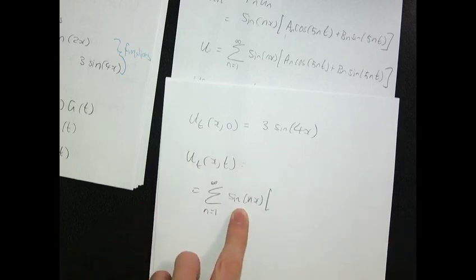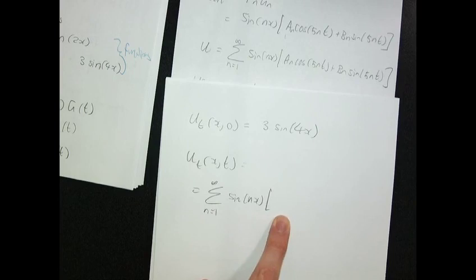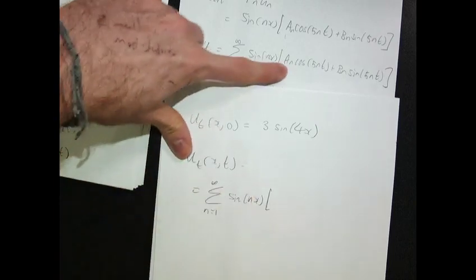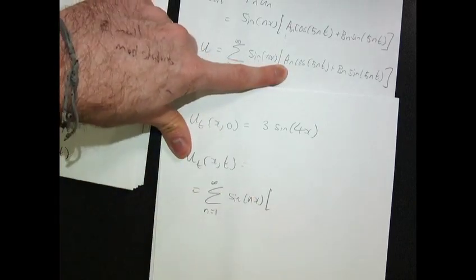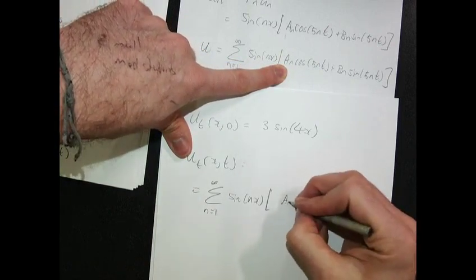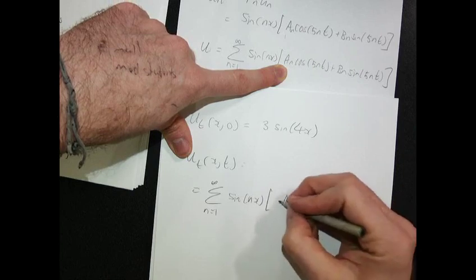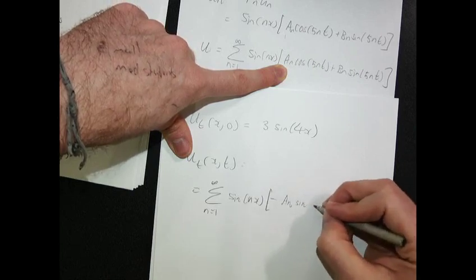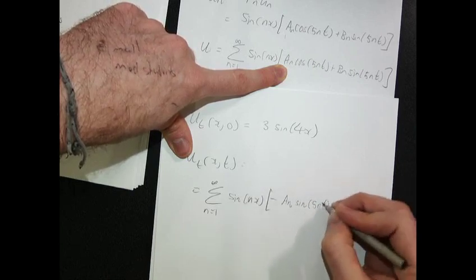All right, well, the sine nx doesn't involve a t, and it's multiplied on, so it will still be there after I differentiate, because constants multiplied are still there after you differentiate. And then the an cos 5nt, well, the an will still be there. The cos will differentiate to give a minus sine. And I'll have to multiply by the derivative of that, which is 5n.